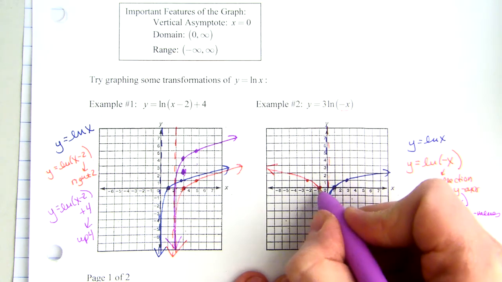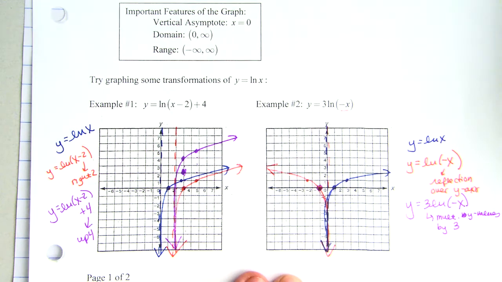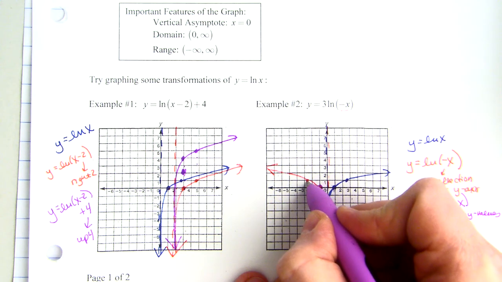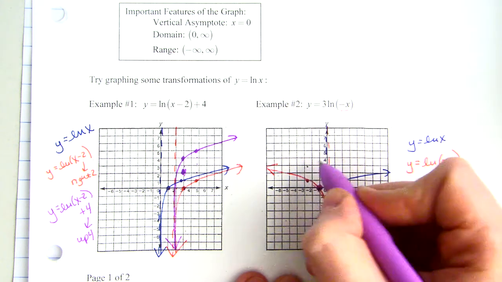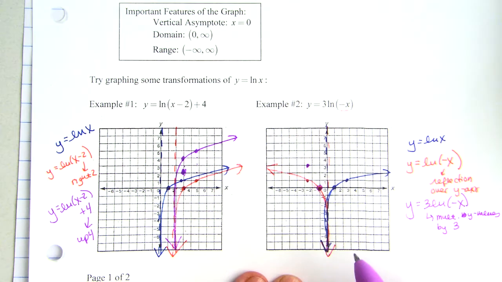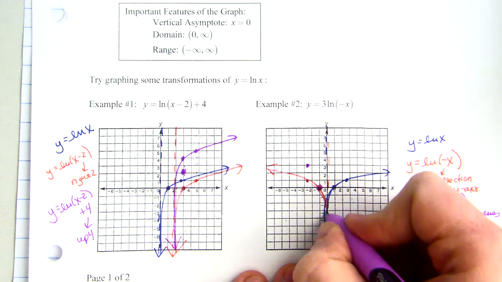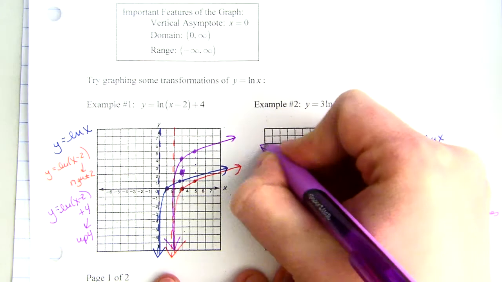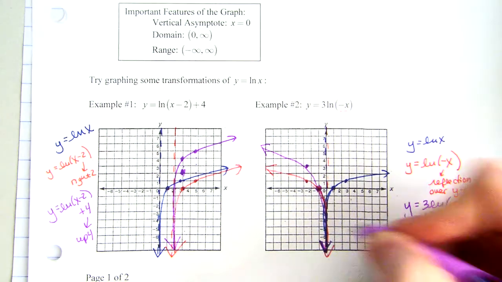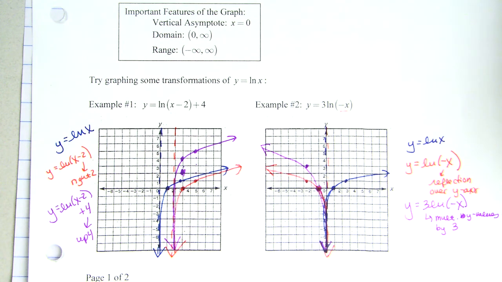This y value is 0, my new y value is 0. This y value is 1, my new y value is 3 times 1, or 3. Take that vertical asymptote, multiply it by 3, not going to change anything there. So my graph is going to look kind of like that. There will be a few graphing problems in the homework.